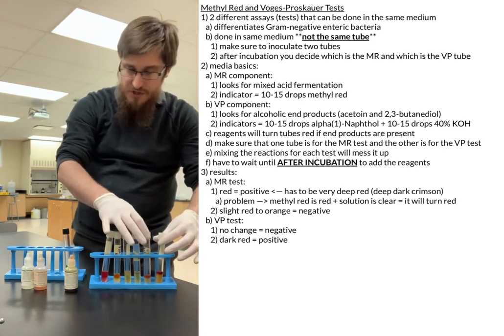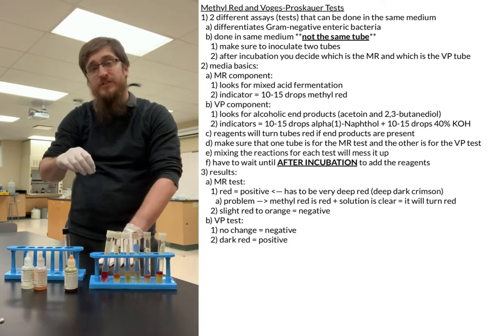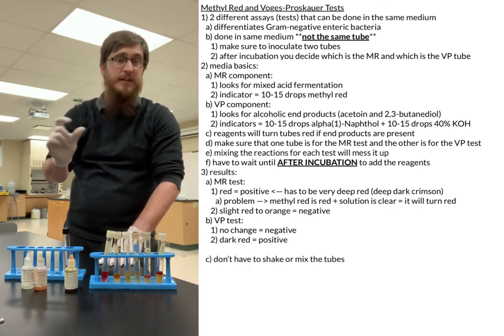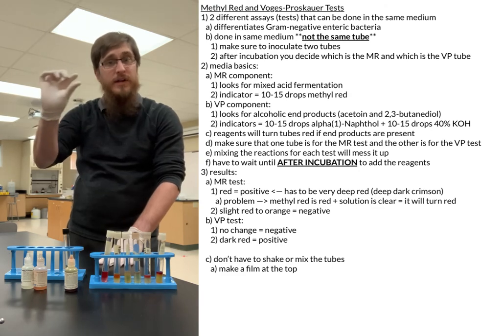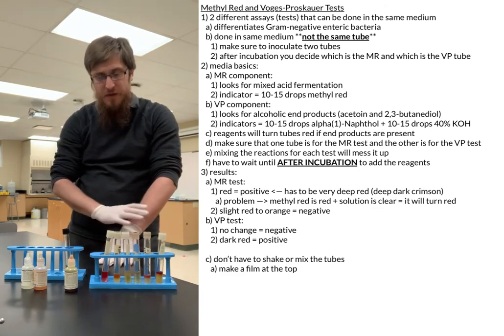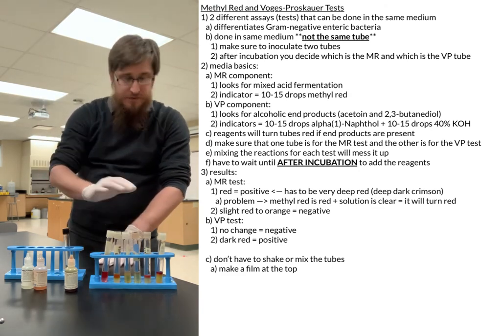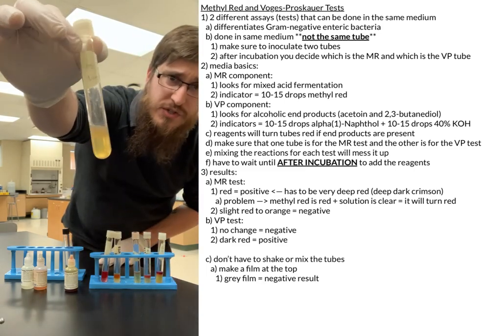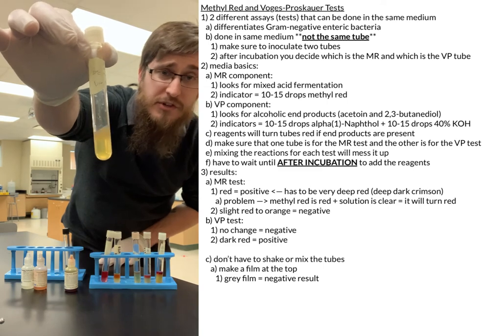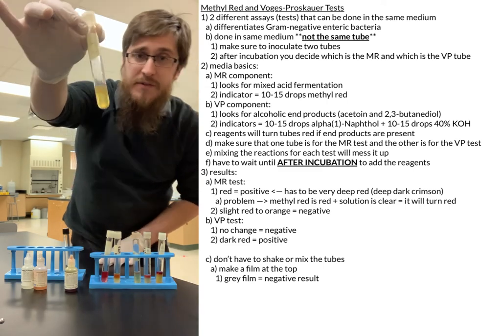And a note that I should have mentioned, when we add our reagent, we don't want to shake them or anything like that. So don't shake them, just let them make a film at the top and then look at how that top changes. A note on that though, if you get something that looks kind of like this, that grayish film at the top, that is going to be a negative result.